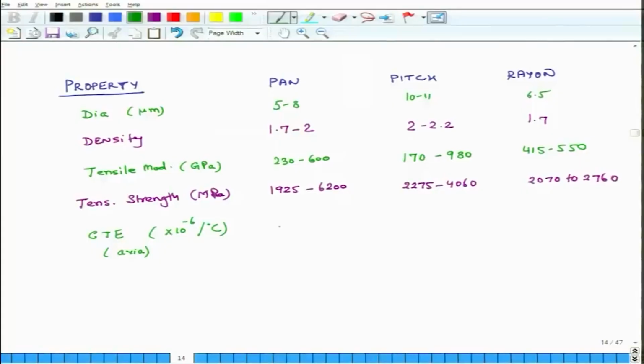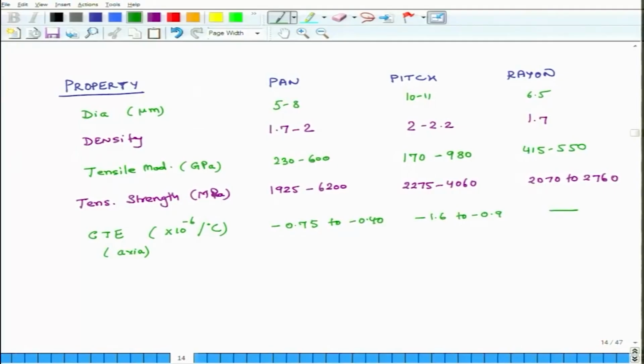So, what is the thermal expansion? Minus 0.75 to minus 0.40. Pitch contracts even more. So, this is minus 1.6 to minus 0.9, and we do not have data on this.